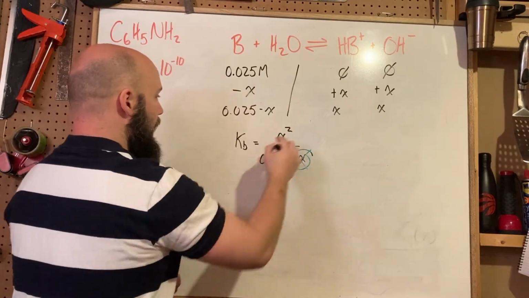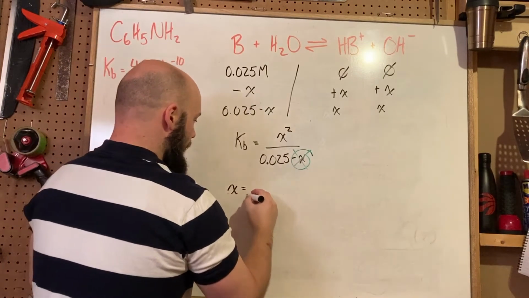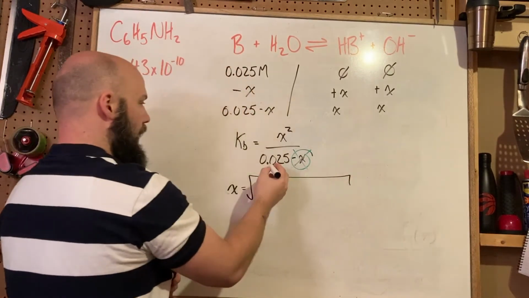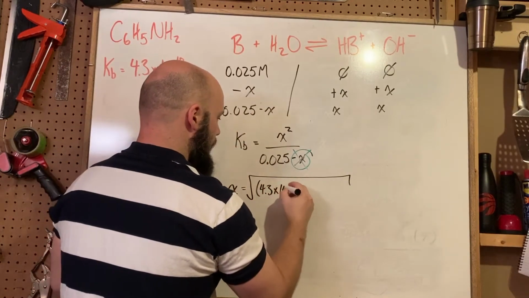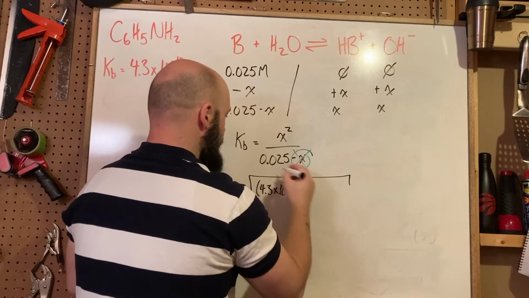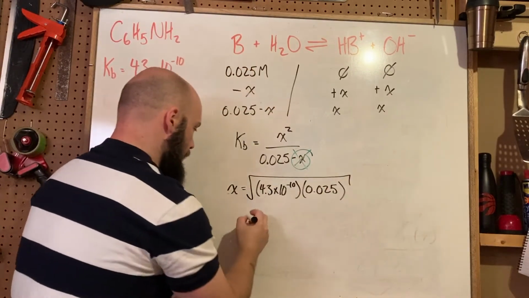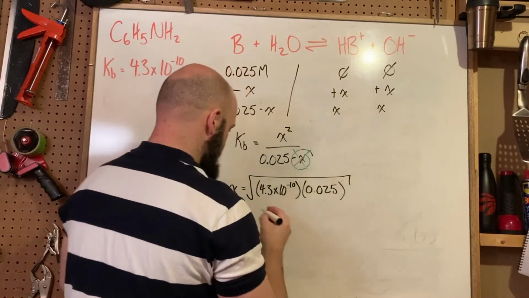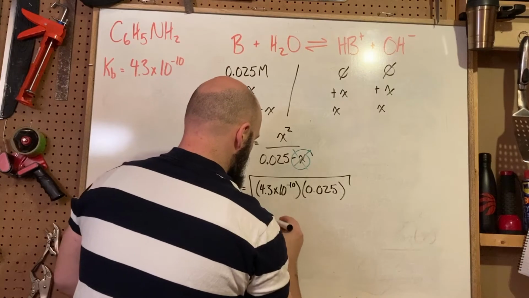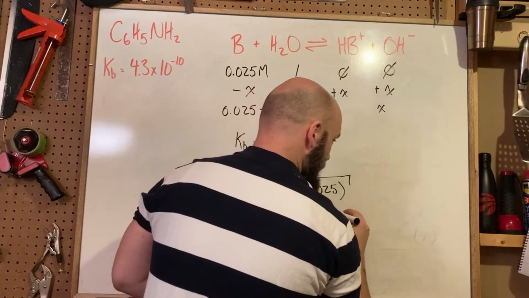Let's rearrange this for x and plug in our Kb value. This would be x equals the square root of your Kb, 4.3 times 10 to the negative 10, times 0.025, all square rooted, giving you a final x value of 3.278719 times 10 to the negative 8.